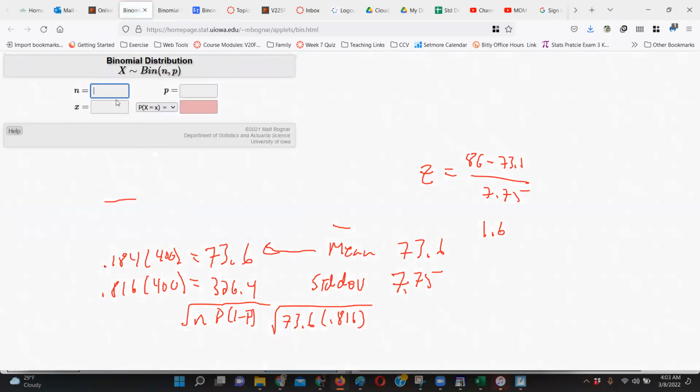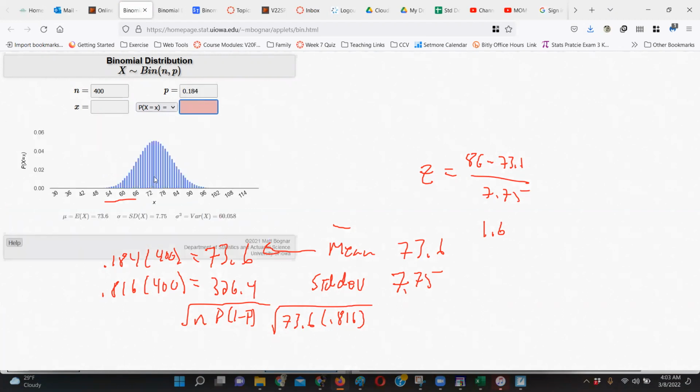And I'm going to type in my 400. Maybe you've seen my other videos where I walked you through this. 0.184, right? And there we go. Lo and behold, don't we have a nice symmetric distribution? In fact, we'll learn it's a normal distribution.